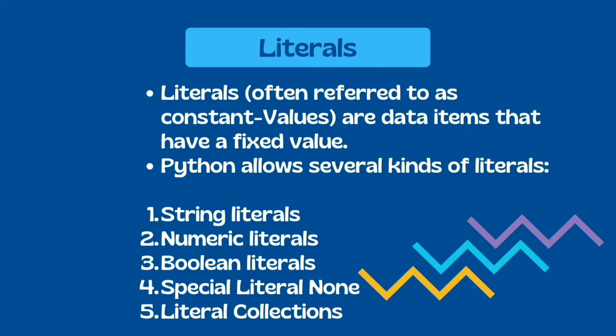You would have heard the word null before also. None is equivalent to null. It means neither a positive number nor a negative number, and even not a zero. Okay, since 0 is also a number, none means it is an empty box. And the last one is literal collection. We will see what literal collection is in the further lectures.